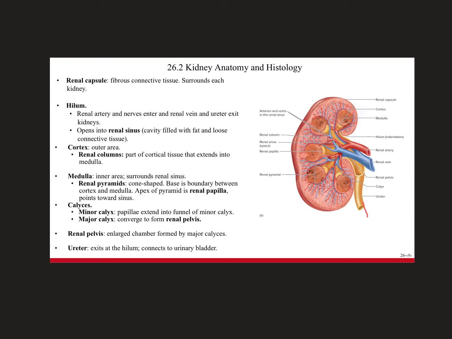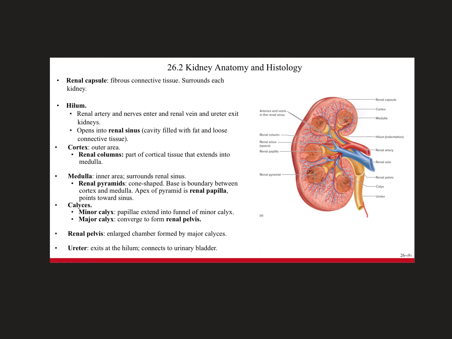Yes, Hannah. I don't know if you guys saw that in the chat, but Hannah said lungs. The lungs also have a hilum. So the hilum is basically where all of the important vessels and veins and tubes enter or exit an organ. Okay?